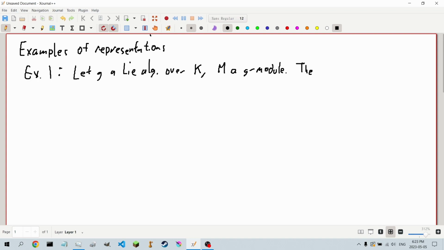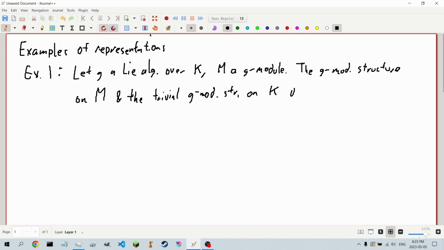So here the G module structure on M and the trivial G module structure on K define a G module structure on the K module of N, which is the module of bilinear forms on M. So two inputs, both from M, and we send them to K.